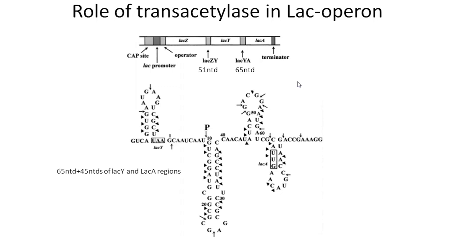The half-life of LacA RNA is very much less, about 10 times less than the LacZ and LacY RNA, and that's why the concentration of transacetylase is very, very low. So these are the areas where the RNA is also clipped by some other RNases, like RNase III. It clips on these areas where the arrows have been shown, and where the triangles have been shown, RNase E clips on those areas.